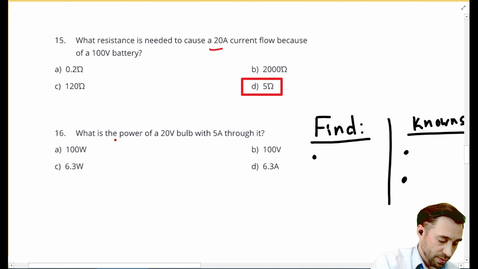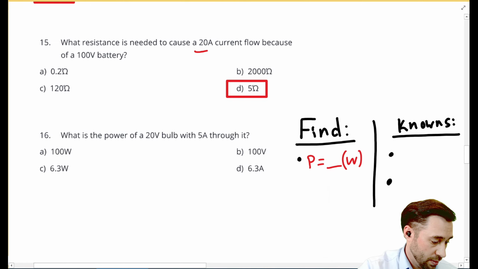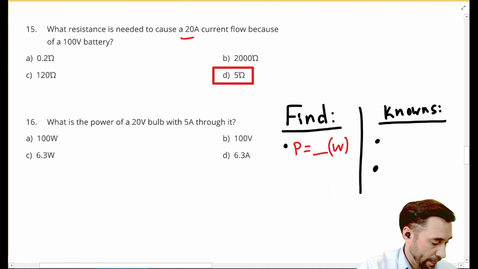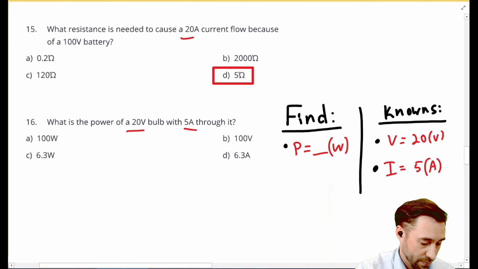All right, so this one's saying, what is the power? So we're solving for P. And that is in units of watts. So 20 volts and 5 amps. So voltage is 20 volts and current is equal to 5 amps.